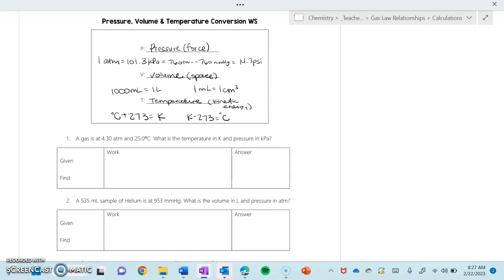Let's start with pressure. So I have my pressure values. My given is in atmospheres. And I'm finding kilopascals. So let's set up a little train track conversion here. And from our relationships above, we know that 1 atmosphere is equal to 101.3 kPa.